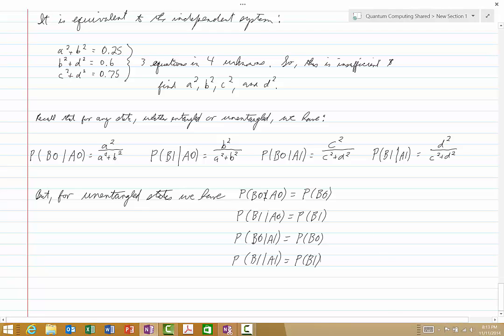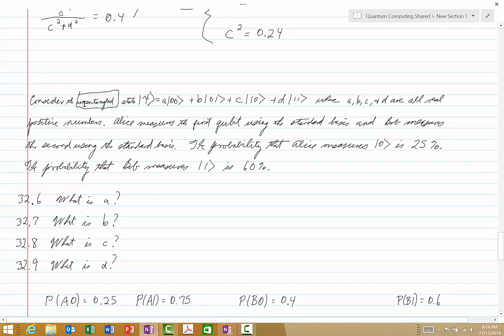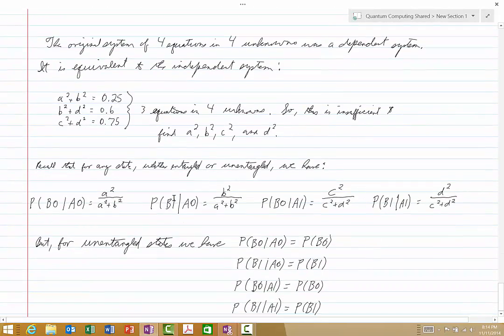So, for instance here, this probability that Bob measures 0, given that Alice measures 0, well, the fact that Alice measures 0 has no effect on the probability that Bob measures 0. So the probability Bob measures 0 is the probability Bob measures 0. Unlike in the first case, where Alice's measurement did affect Bob's measurement, in the second case here, where we have an unentangled state, those measurements are independent.